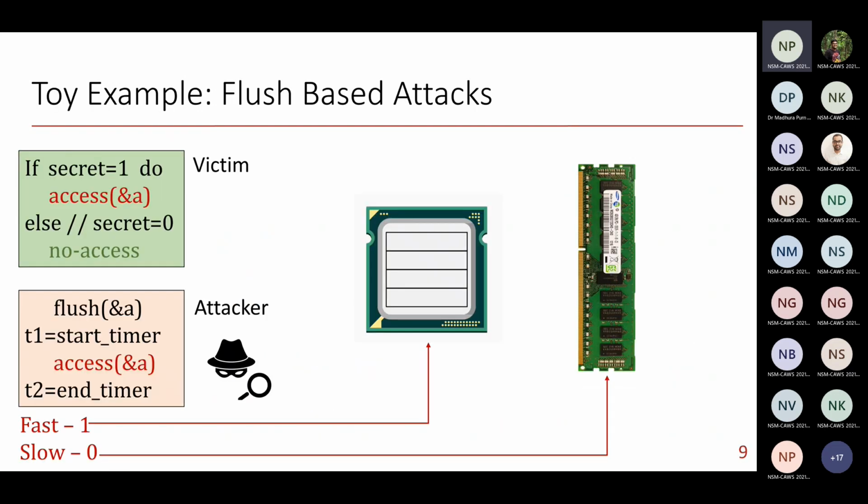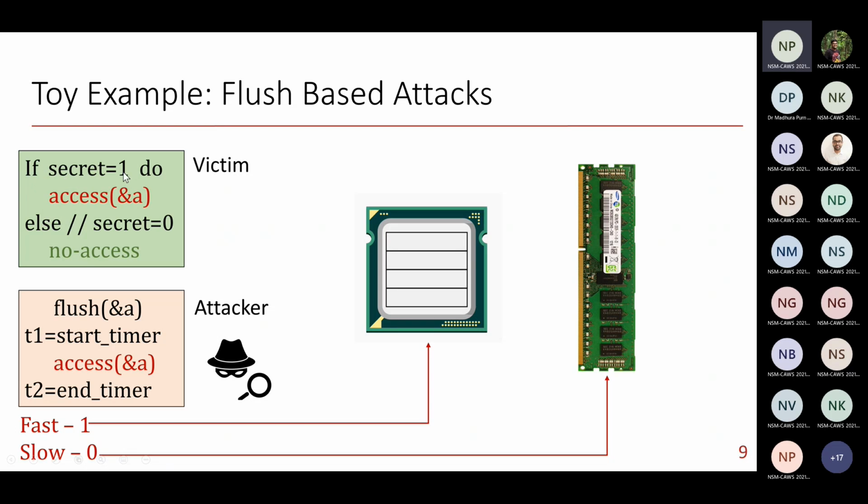Okay? So what the attacker can do, this is a pretty toy, textbook kind of attacker, where we are assuming the attacker and victim are sharing a particular library. Let's say the crypto library is shared by both attacker and victim. And the code snippet that I showed can be easily converted into something like this.